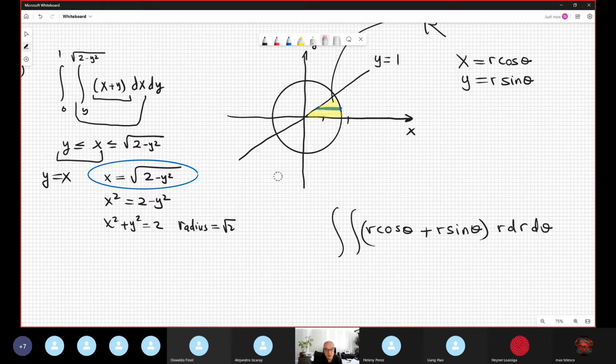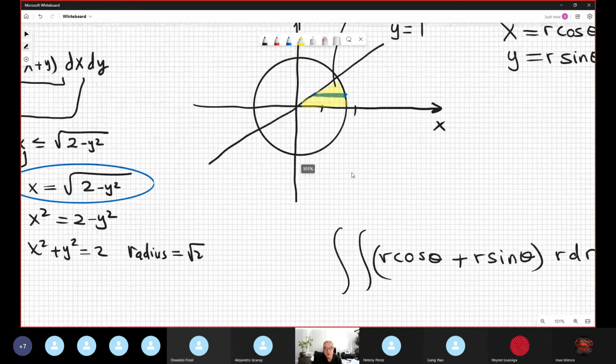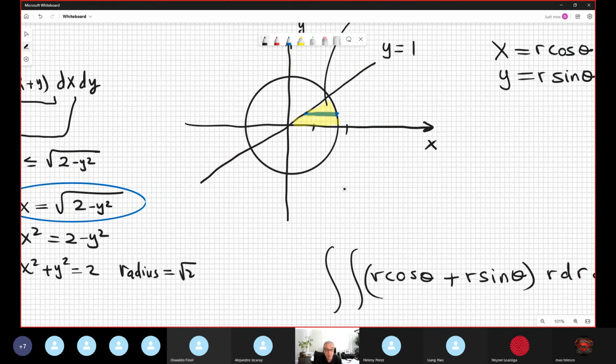Now, see, this is my region. Let me focus on this. It is obvious in my mind that r goes from 0 to the radius of the circle. Remember, this is the infinitesimal elementary polar piece.